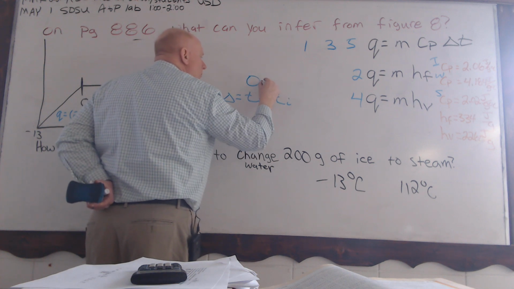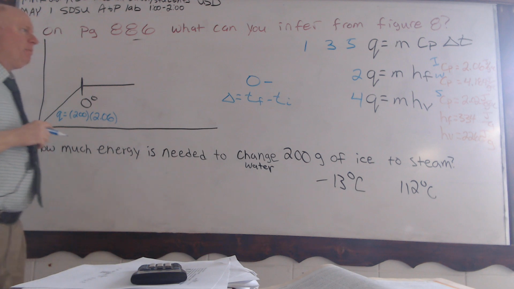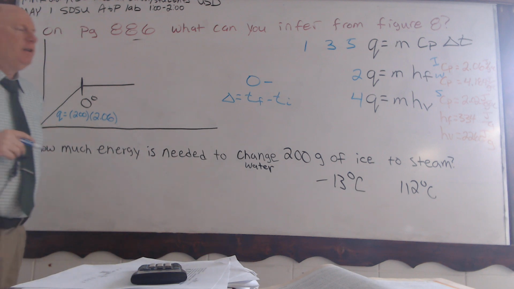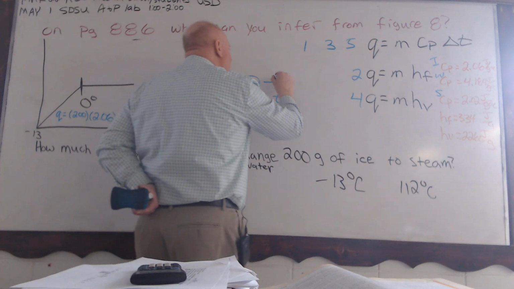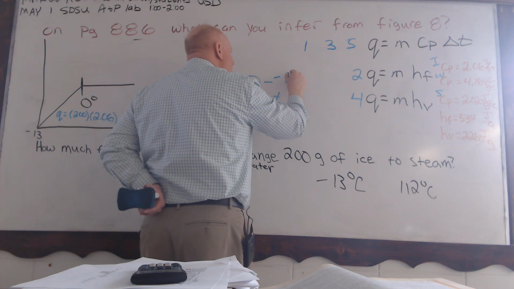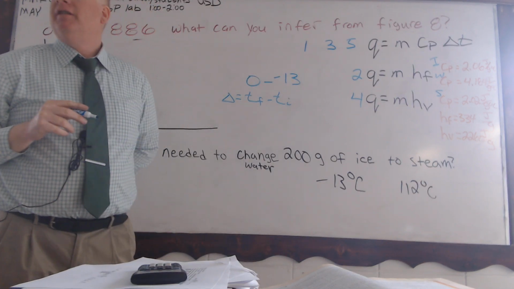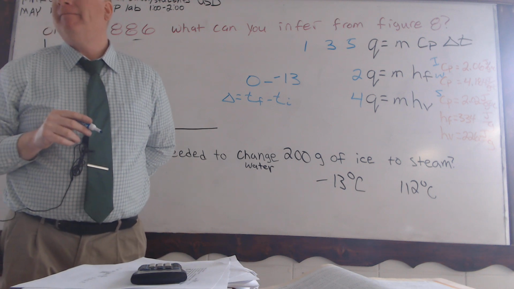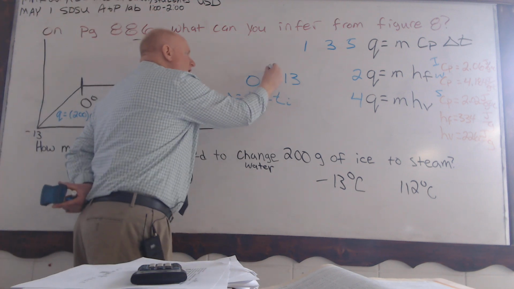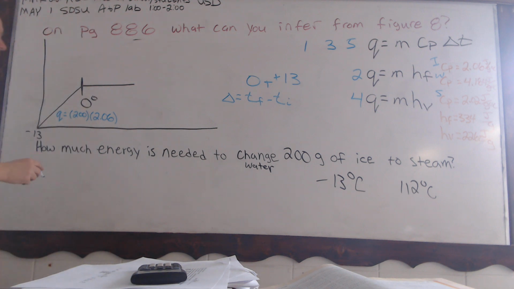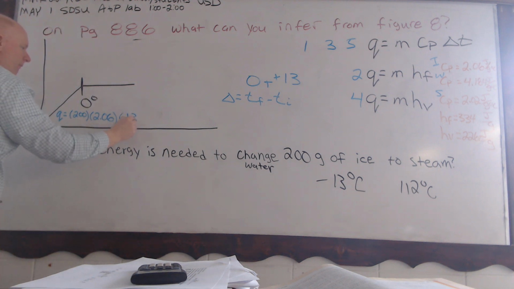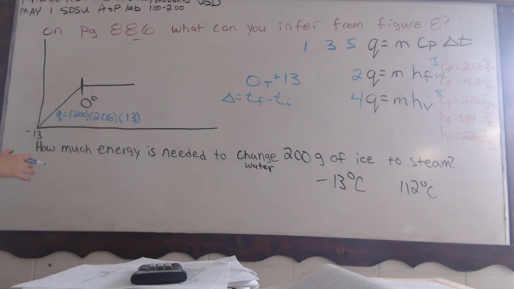Minus, where did it begin? And if we know anything about our algebraic skills, when you see two negatives like that, what do you do? Switch the signs and add. So that's how you get a positive value out of that. So that will give you a specific variable.